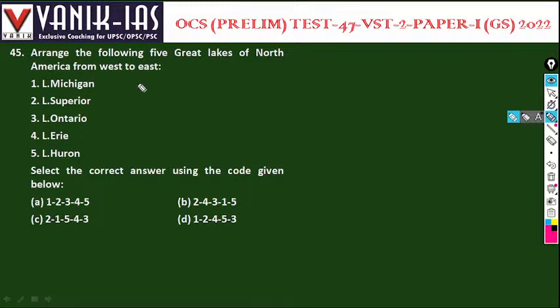First will be Lake Superior, and then Lake Michigan, then Lake Huron, then Lake Erie, then Lake Ontario. So it will be 21543.